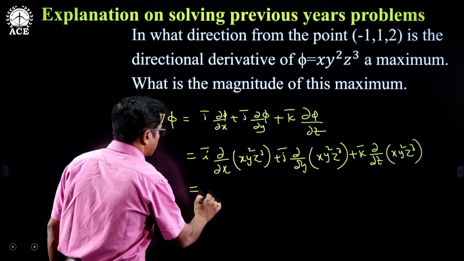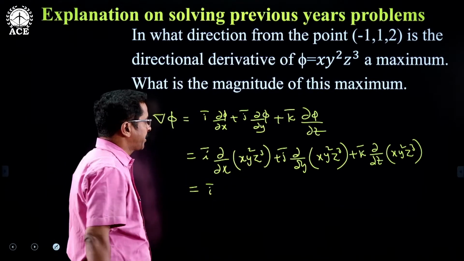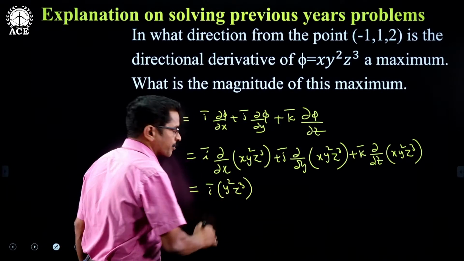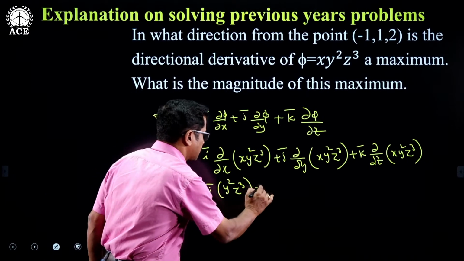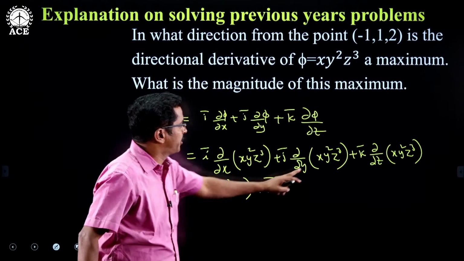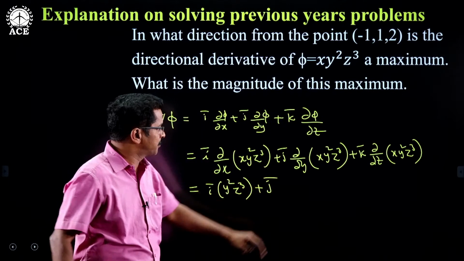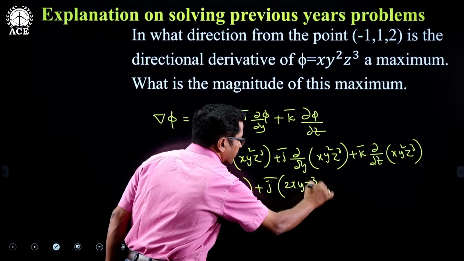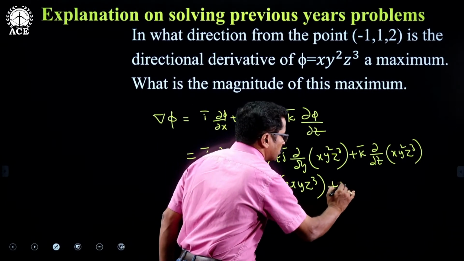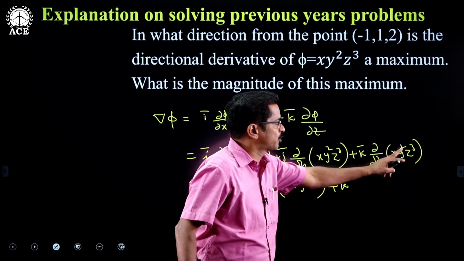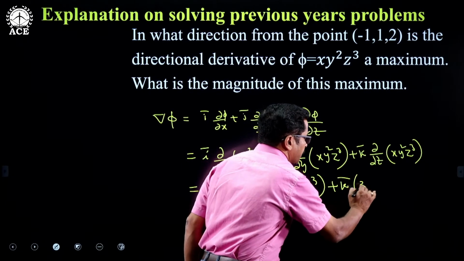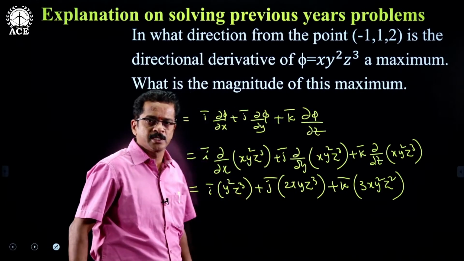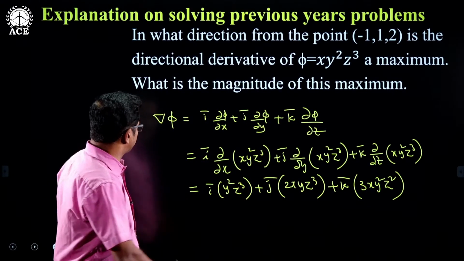Which equals i bar into y square z cube plus j bar into 2xyz cube plus k bar into 3xy square z square. Z cube differentiation is 3z square. So this is del phi.